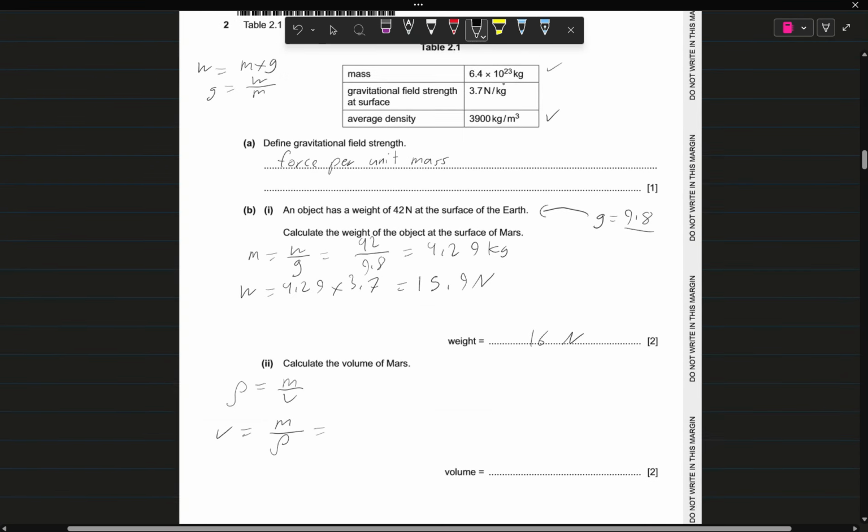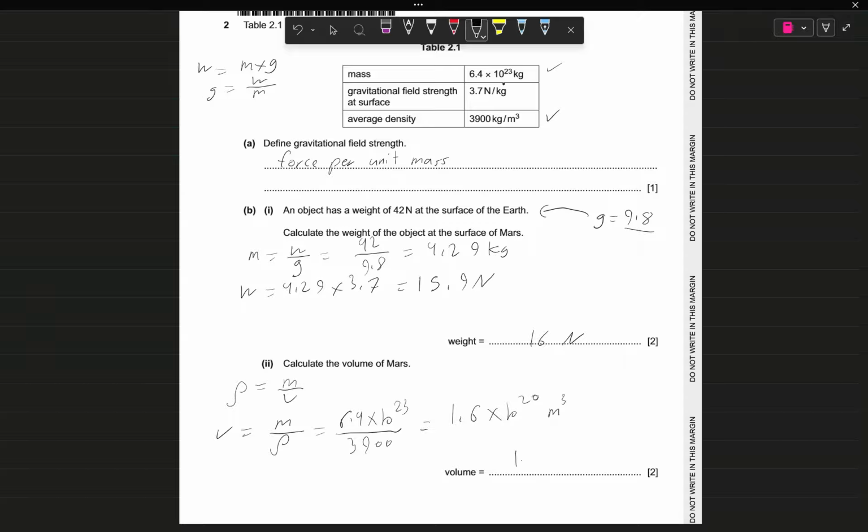So mass is 6.4 times 10 to the power of 23 over the density being 3,900. And if we calculate that, that should be 1.6 times 10 to the power of 20, to two significant figures. And of course, don't forget the units being meter cubed. So 1.6 times 10 to the power of 20 meter cubed.